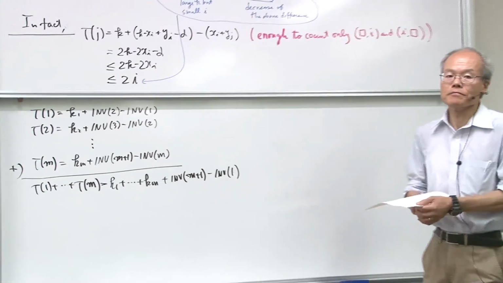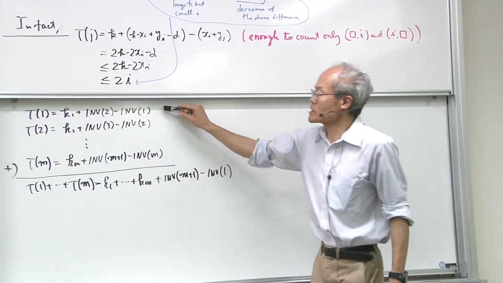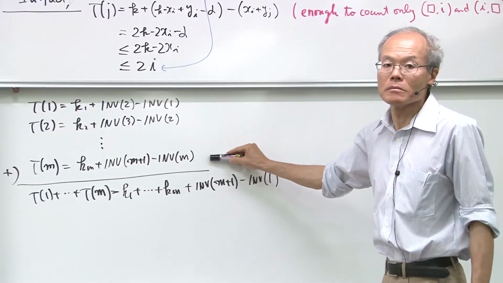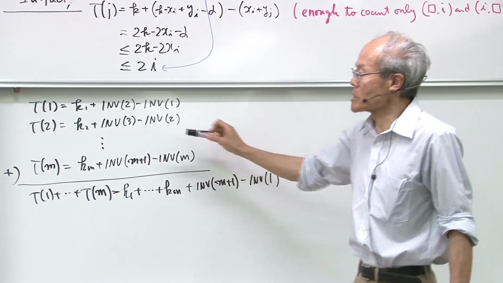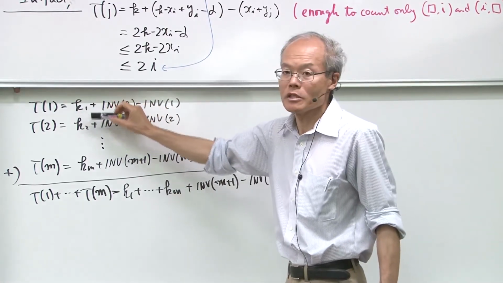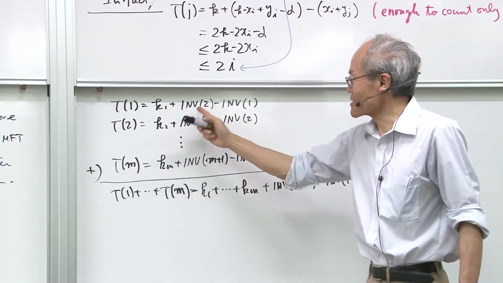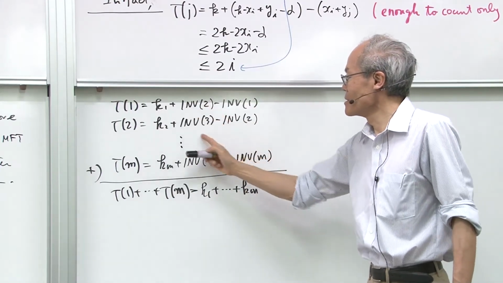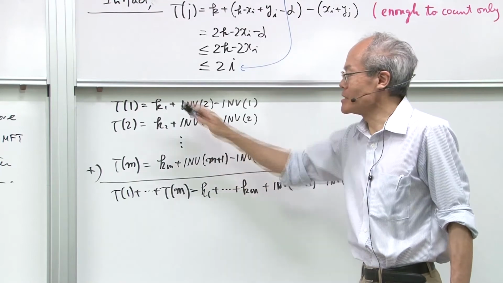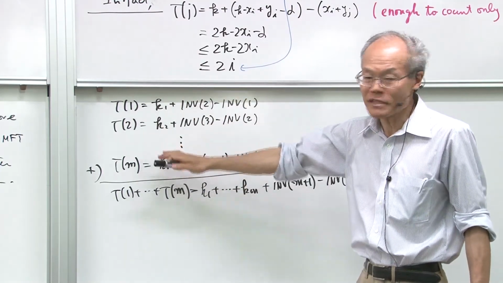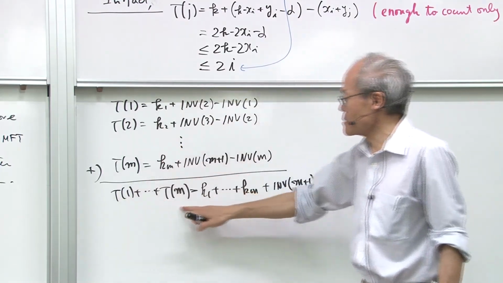Just a simple calculation. Step 1, step 2, and step n. This is the cost of our algorithm, MTF, and this is the inverse. Importantly, it cancels. So we sum up all of them, then we can get this equation.